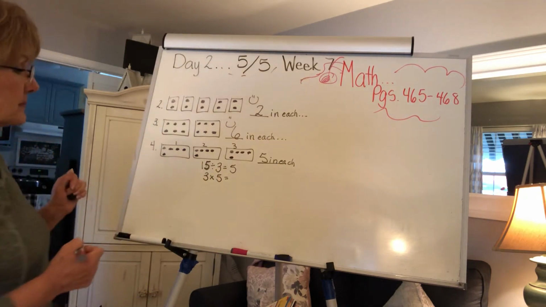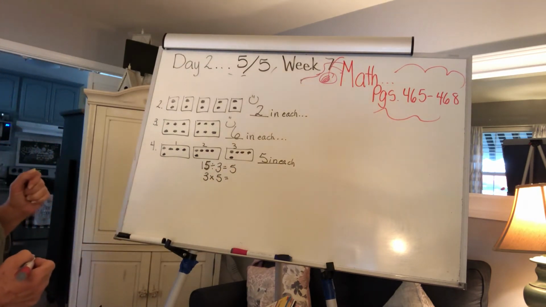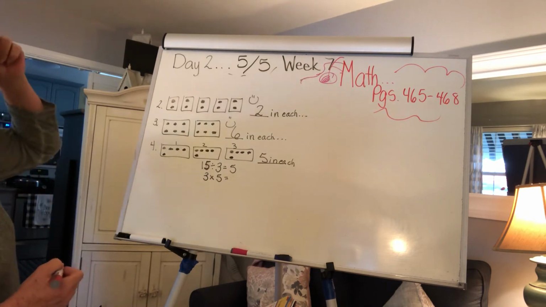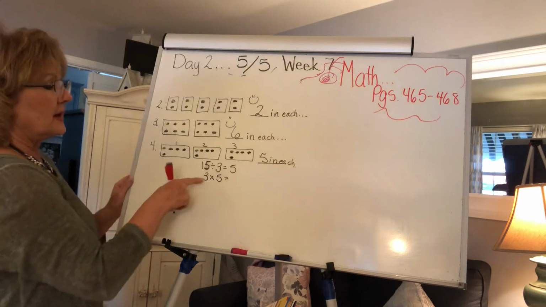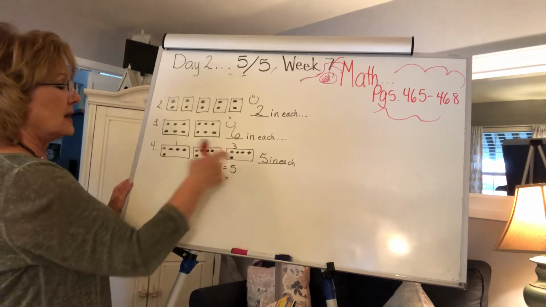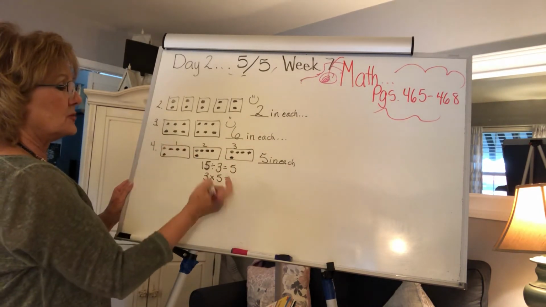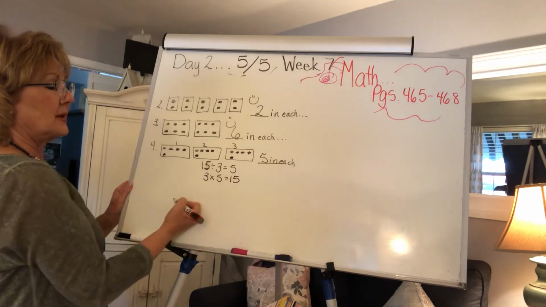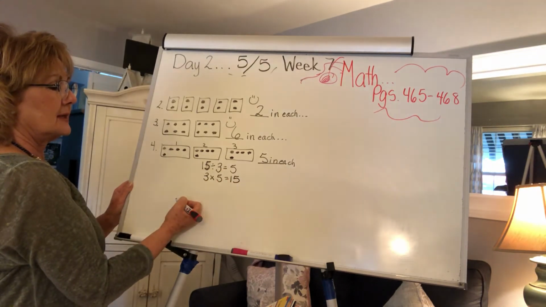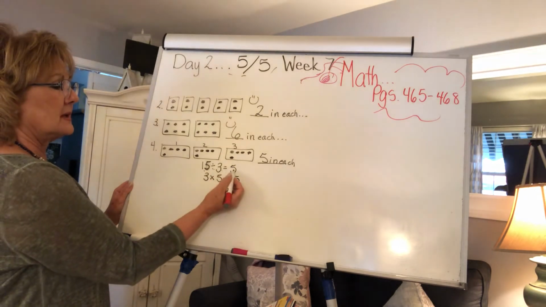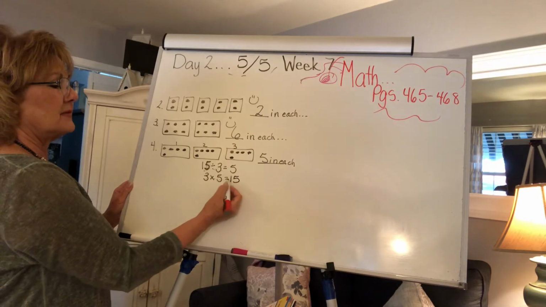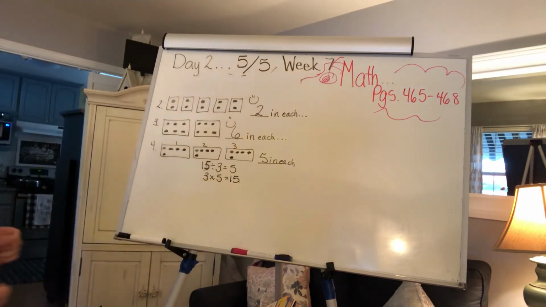I copied it wrong. If I had 3 groups of 5 in each, what would I get? 15. You're right. Okay, 15 divided by 3 is 5. 3 times 5 is 15. That's how they're related, okay?